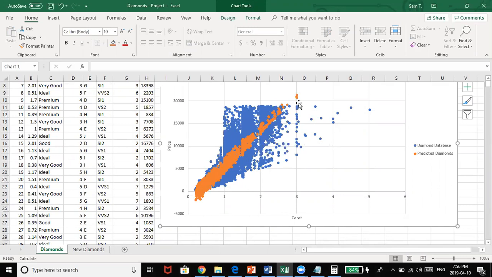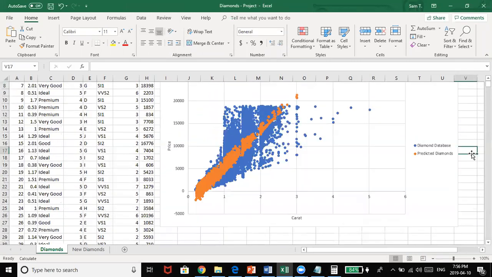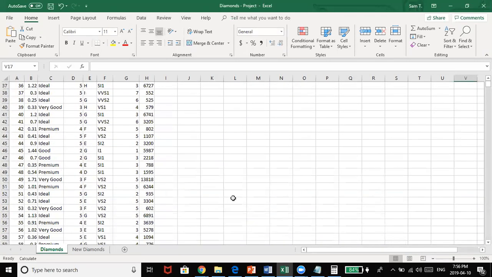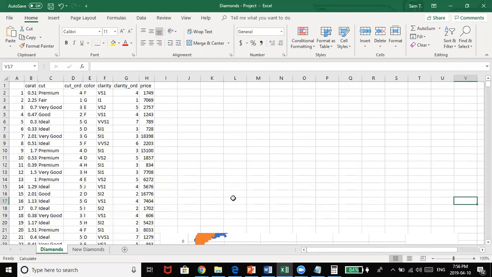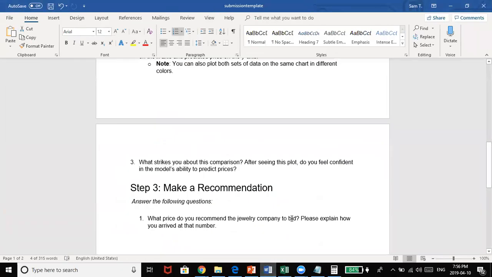So here we can see some outliers existing on the chart. So don't forget to mention this in your submission template. Just mention that you have some outliers, and I'll leave it for you to generate the statement that you need to generate.